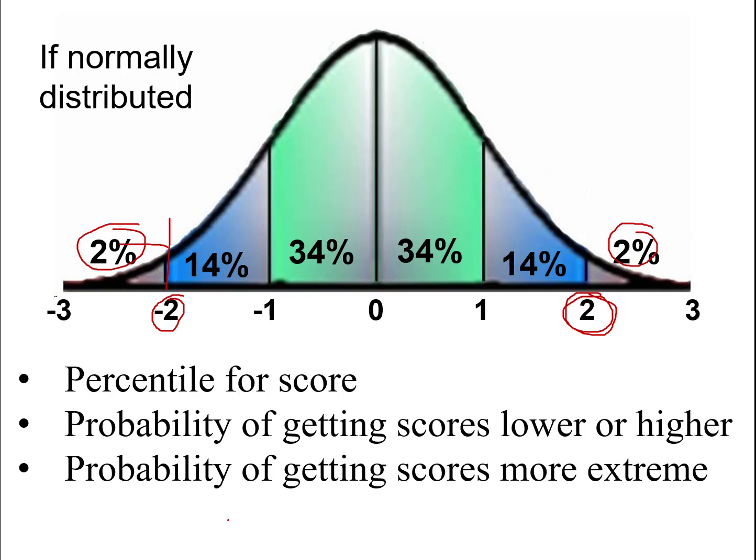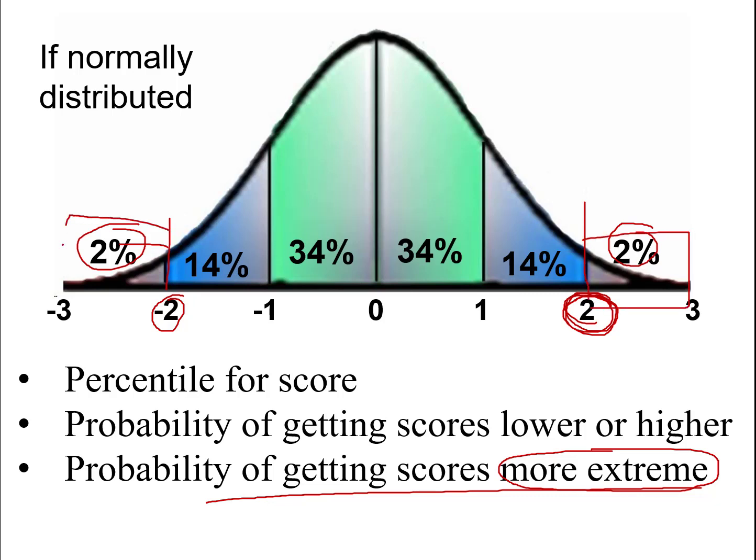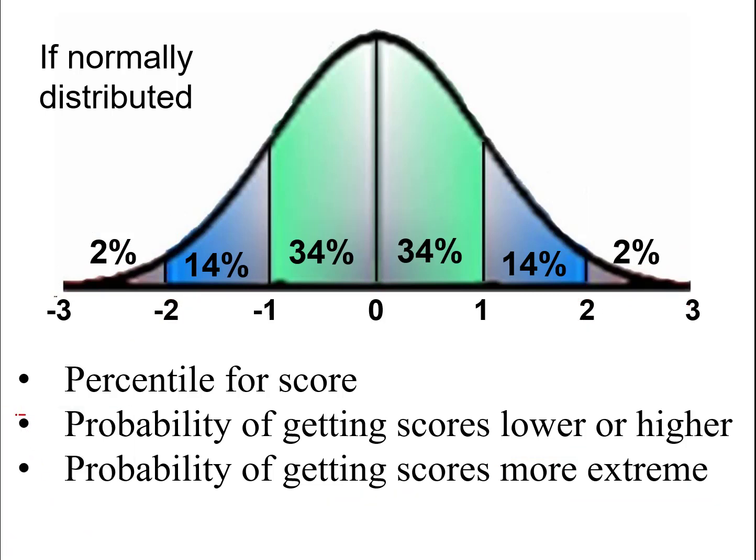Now, I could ask the question this way. What's the probability of getting a score more extreme than 2? So, for example, if I have a z-score of +2, if I say more extreme, what I mean is in either direction, further away from the mean in either direction. So a score more extreme than 2 is a score that's higher than +2 or lower than -2. So if we compare these two questions: if I have a z-score of 2, the probability of getting a score higher than 2 is 2%.